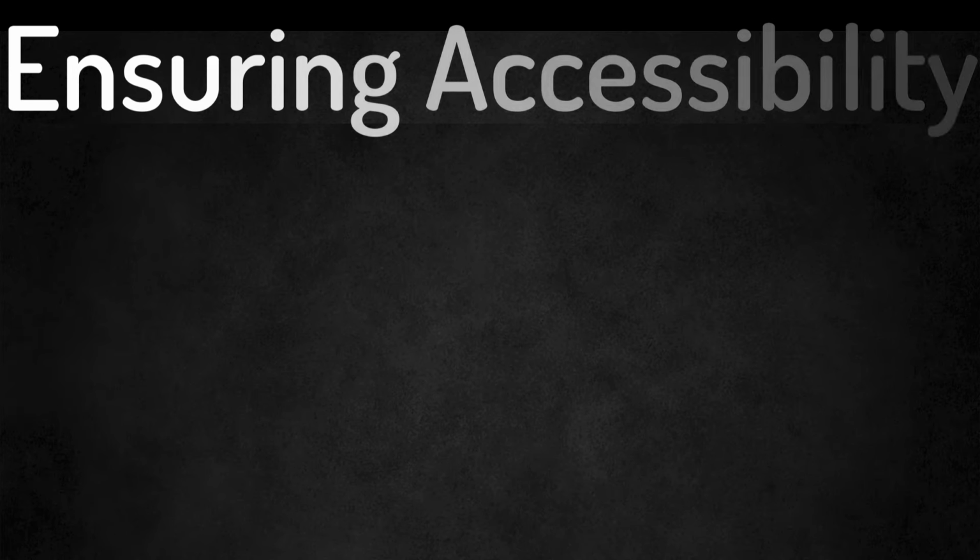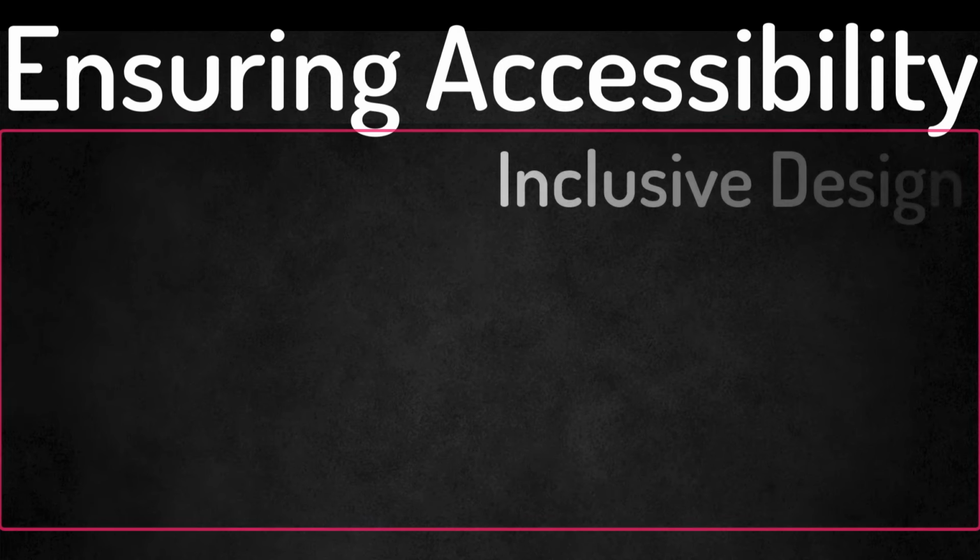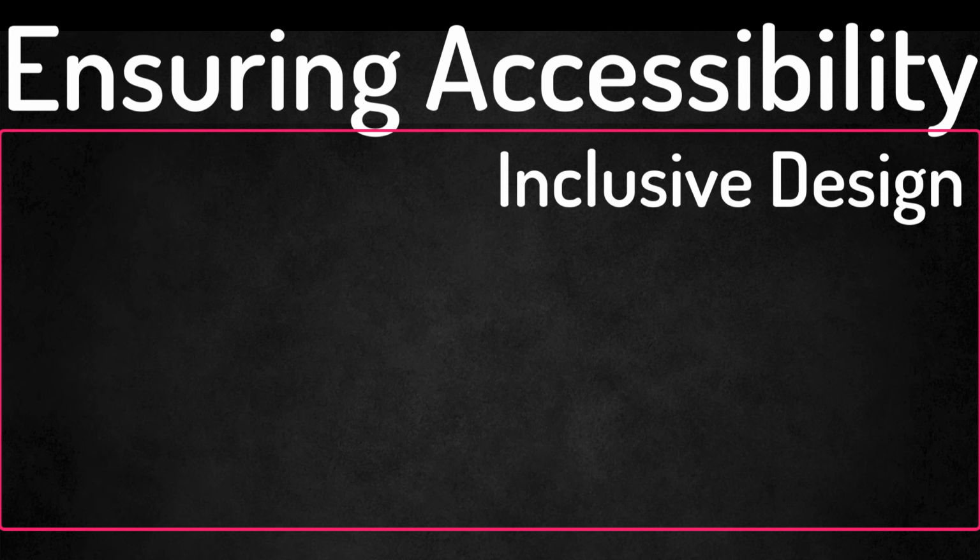When we look at the strategies involved in this, we can look at an inclusive design, which when we break it down means adopting an inclusive design approach that considers the needs of all potential users from the outset. This involves designing products that are flexible and adaptable to different user needs and preferences.